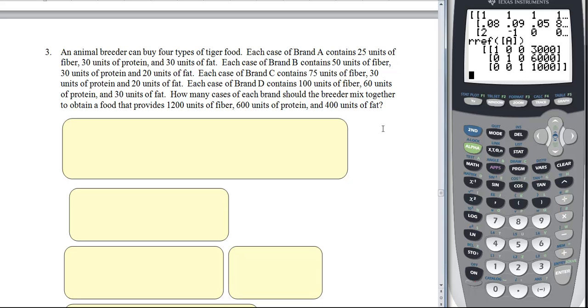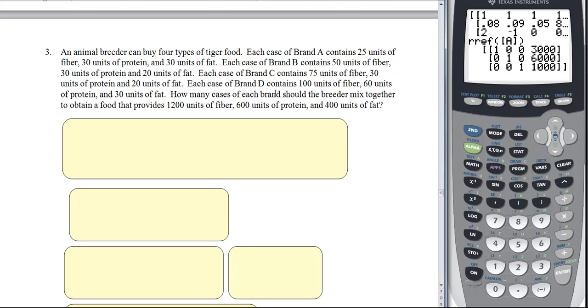Each case of brand D contains 100 units of fiber, 60 units of protein, 30 units of fat. How many cases of each brand should the breeder mix together to obtain a food that provides 1,200 units of fiber, 600 units of protein, 400 units of fat? Again, how many cases of each brand?